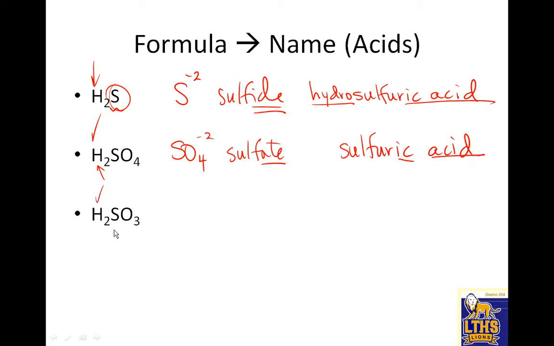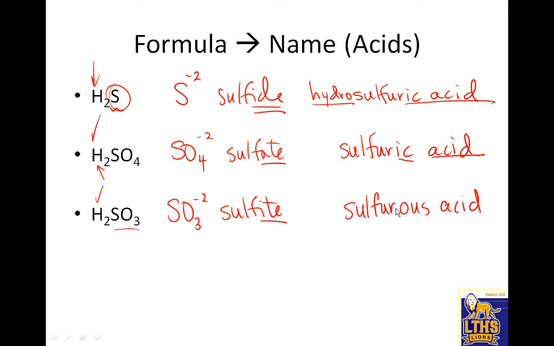Hello, I start with hydrogen, so it must be an acid. So I write down the second part is sulfite. And so ite turns into ous acid, and sulfurous acid. Ous acid. So I made up a little song to help you remember.